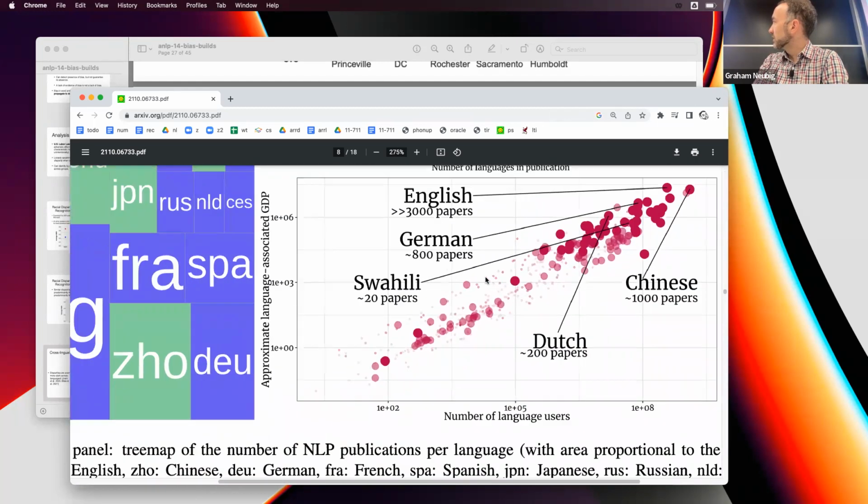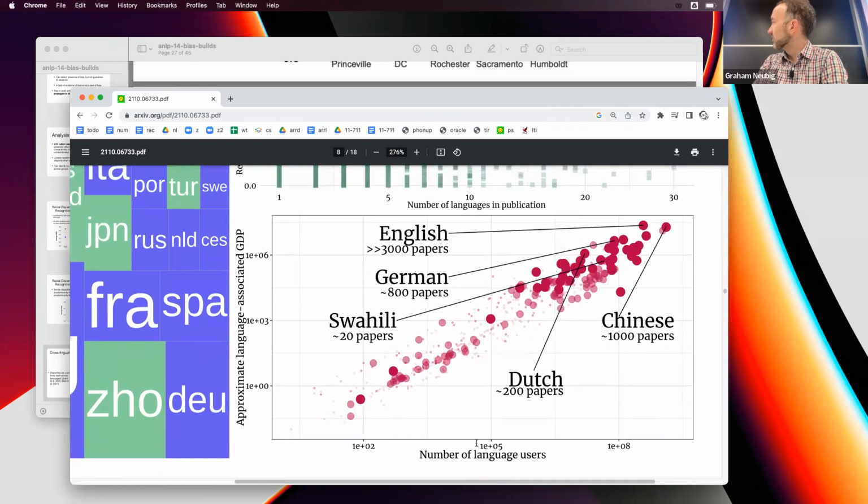Basically, we plotted the number of language users and the approximate language associated GDP. If you take the GDP of countries and apply it evenly to users of each language, depending on how many people of that language live in that country, how big is the GDP associated with that language? And then the size of the dots is how many NLP papers there are on that language.